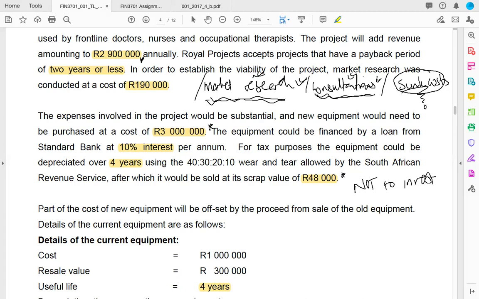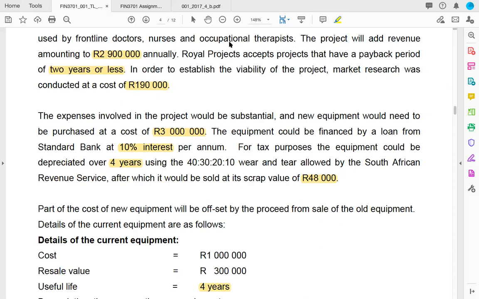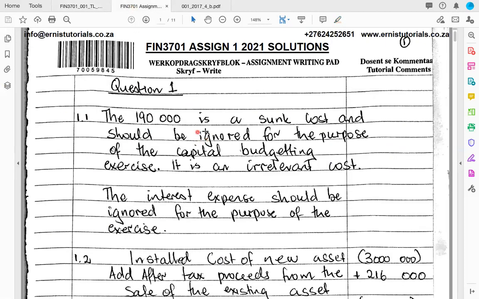It's already gone. But money like the purchase price of the new machine, like this 3 million, if you decide not to invest, it means you're not spending that 3 million, so you can save it. However, for things like market research and fees for consultants, once that money is spent, it's not coming back. It's a sunk cost, whether or not you decide to invest in the project. So that's what I say.